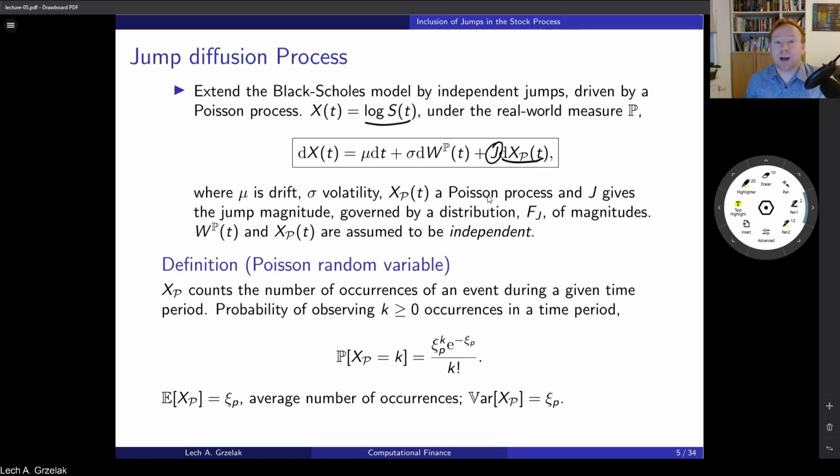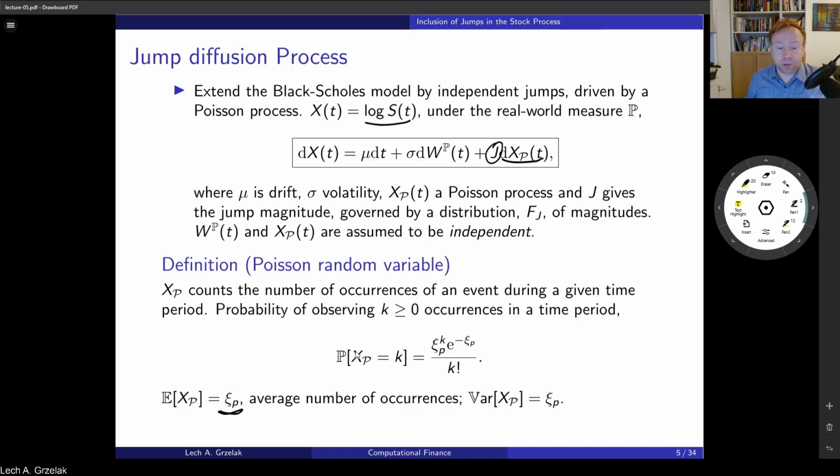The probability that X_P is equal to k, that we have k jumps, is given by the following expression: xi_p to the power k times exponent of minus xi_p, divided by k factorial. You can see there is one parameter you can control, essentially the average intensity of jump occurrences.